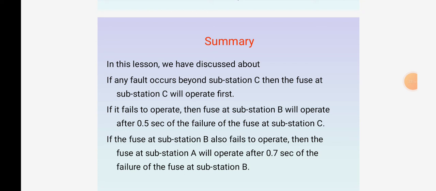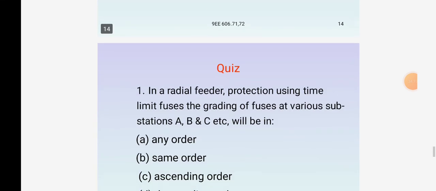If it fails to operate, then the fuse at substation B will operate after 0.5 seconds of the failure of the fuse at substation C. If the fuse at substation B also fails to operate, then the fuse at substation A will operate after 0.7 seconds of the failure of the fuse at substation B.